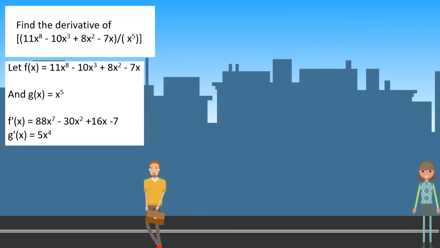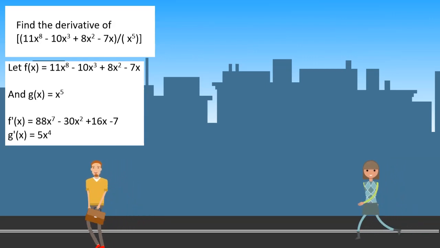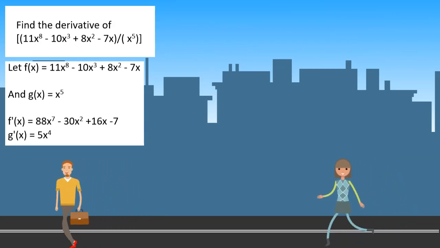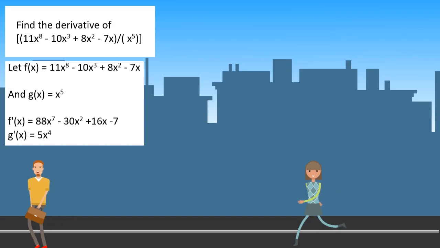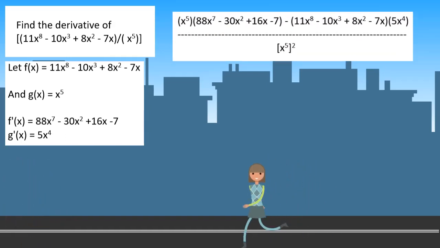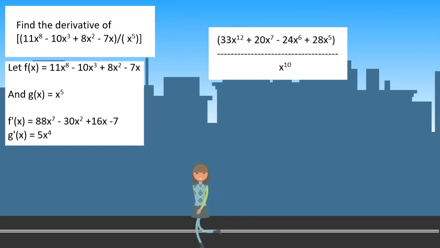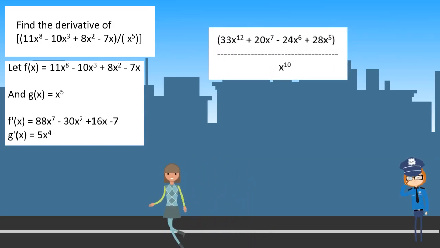So if we want to compute this one, we just follow the formula of low d high minus high d low all over low low. By substitution, we will have this, and then by simplifying terms, we will have this, and then by cancellation, by dividing the numerator by x to the 5, we can cancel x to the 5 on the numerator and x to the 5 on the denominator.